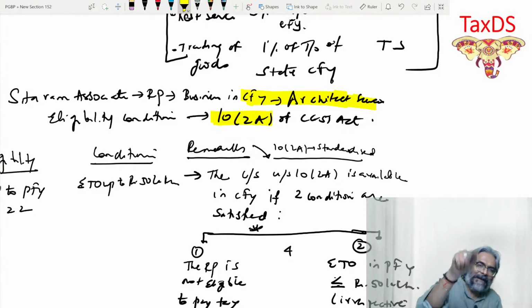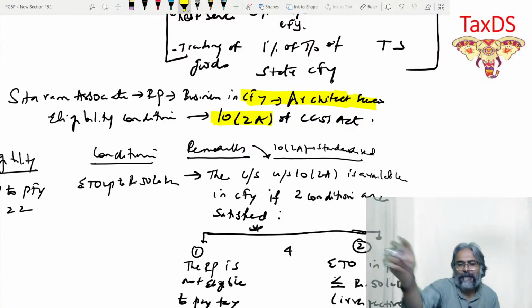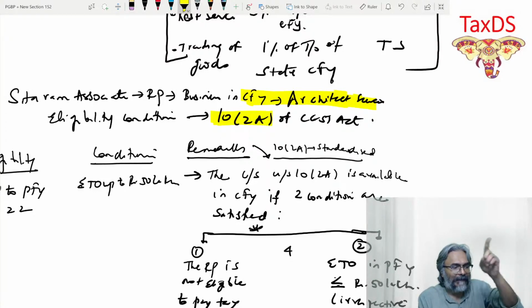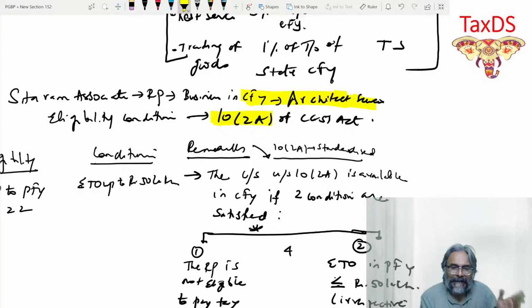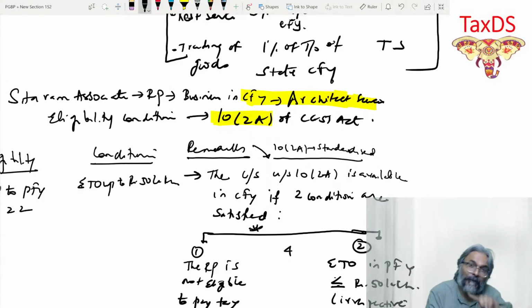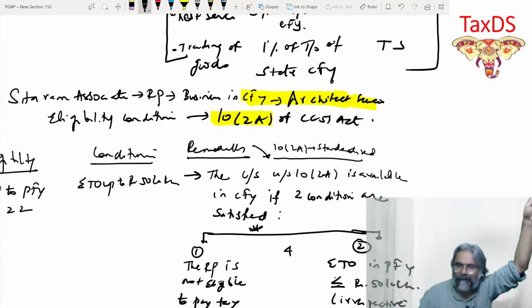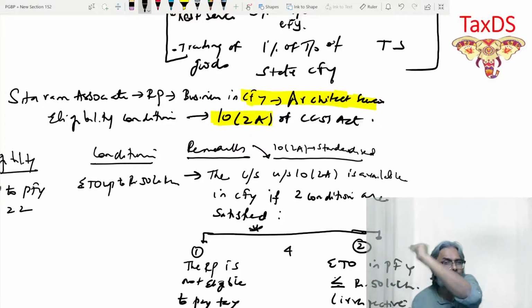If the eligibility condition is tested in 10.2a based on the current year activity, then this eligibility has to be tested for both last year as well as the current year, under 10.2a.